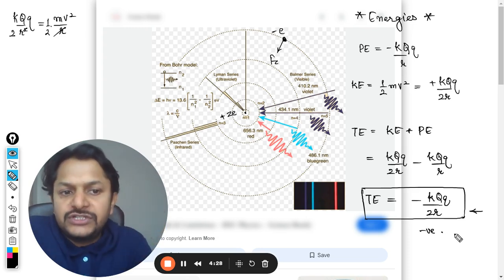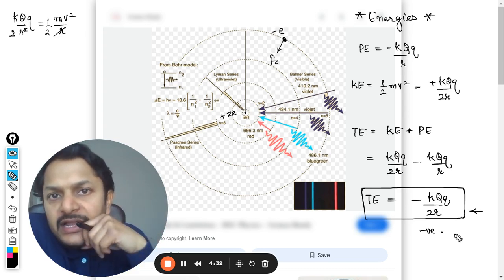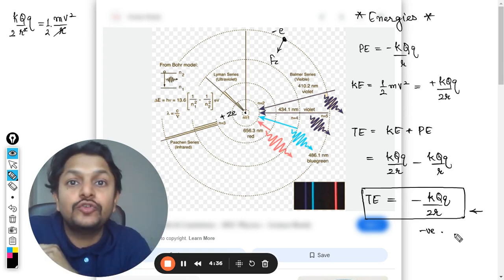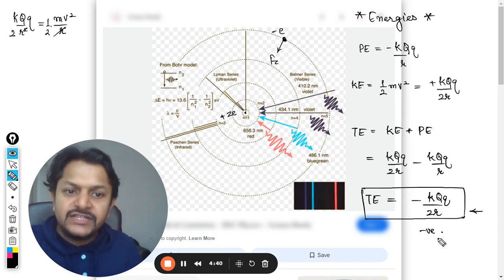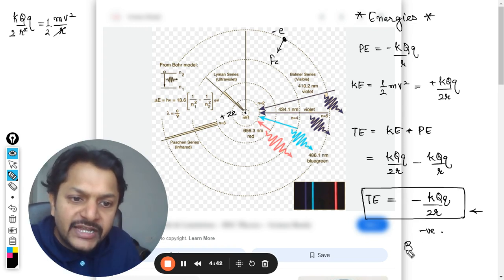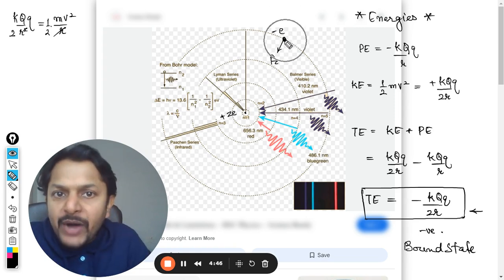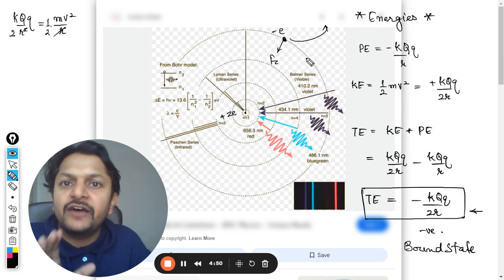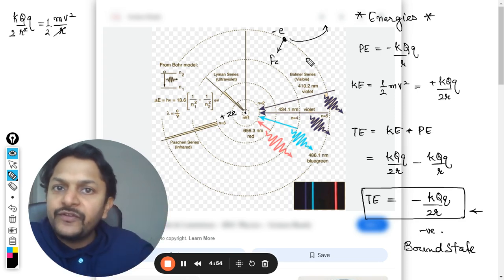Now, of course, the next question is, what do you mean by that? Why is the total energy negative? We did this in topic D1 also, when we were doing satellite motion. This is called a bound state. A bound state means that the electron is bound to the nucleus. Whatever kinetic energy the electron has, it cannot fly away.